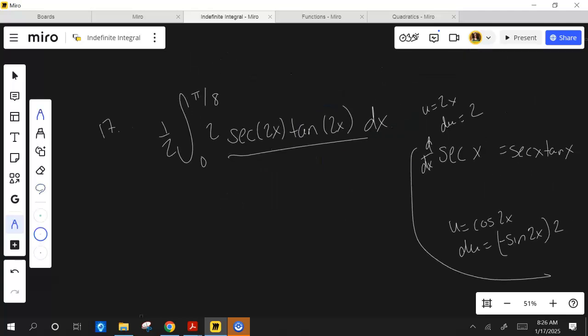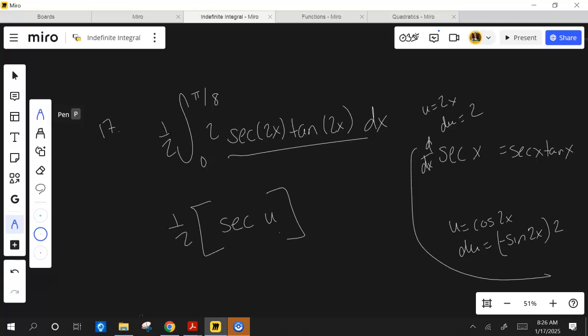So I've got 1/2 times the antiderivative of secant x tangent x, which we said is secant. And remember, this is a u now, so it's secant u. If you do u, you're going to have to adjust these bounds. If you put 2x, you don't have to adjust the bounds. Don't adjust both.